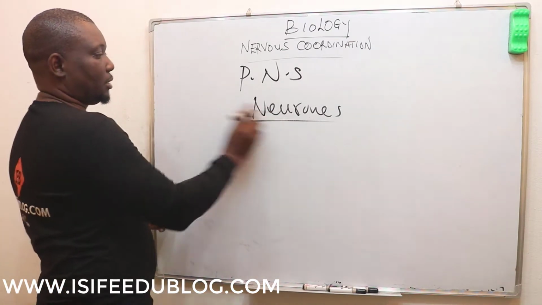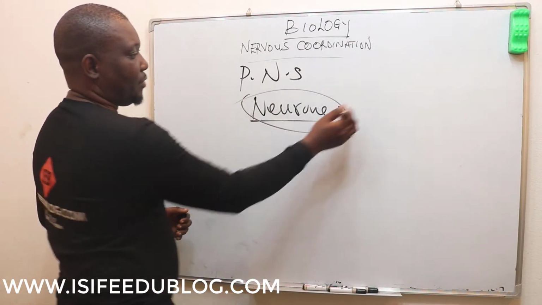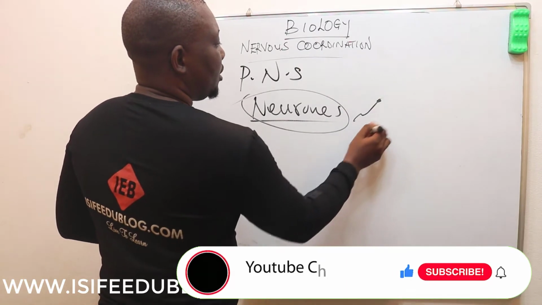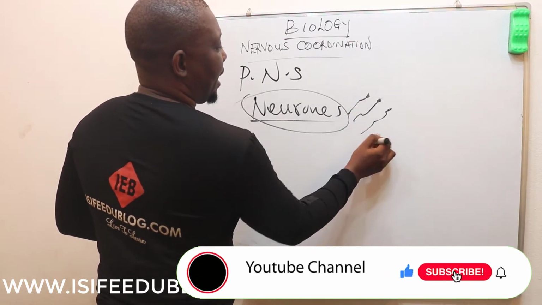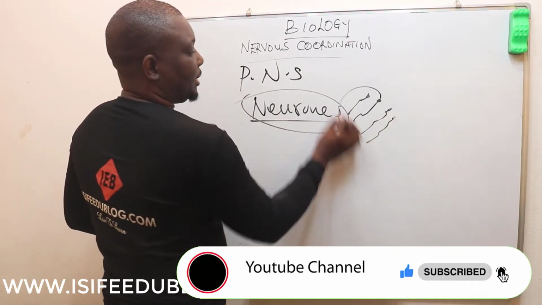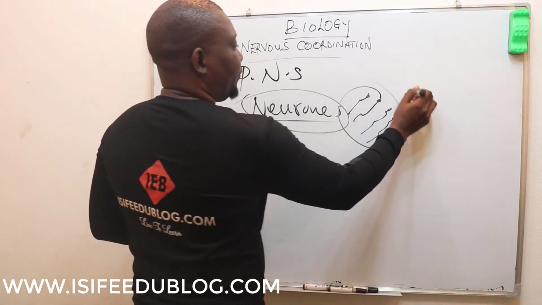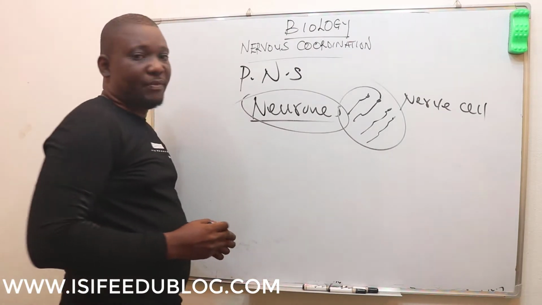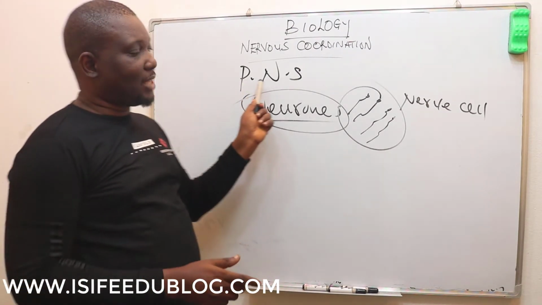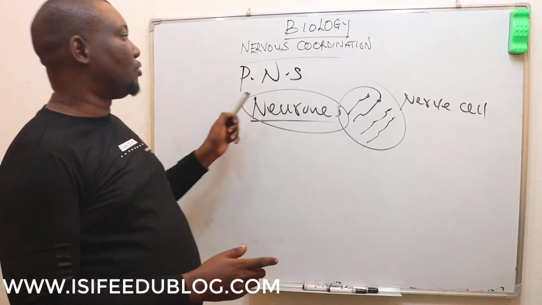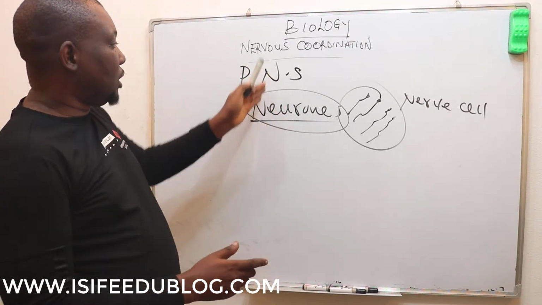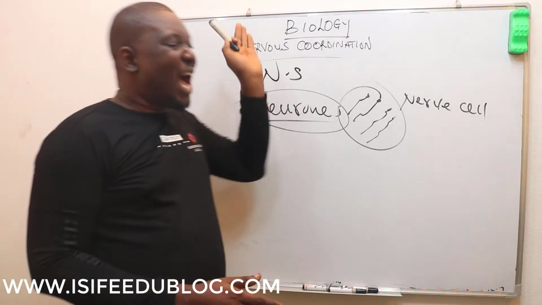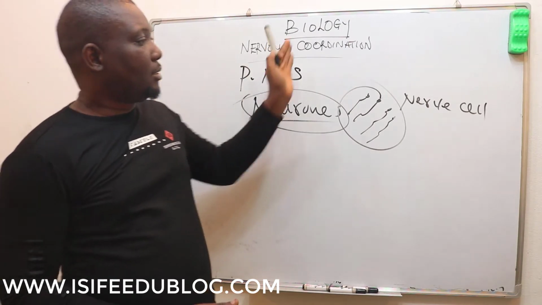Many neurons bundled together are collectively called what? Nerve. Or we call it the nerve cell. Now, the PNS, like I said, is broadly classified into the autonomic nervous system and the somatic nervous system.